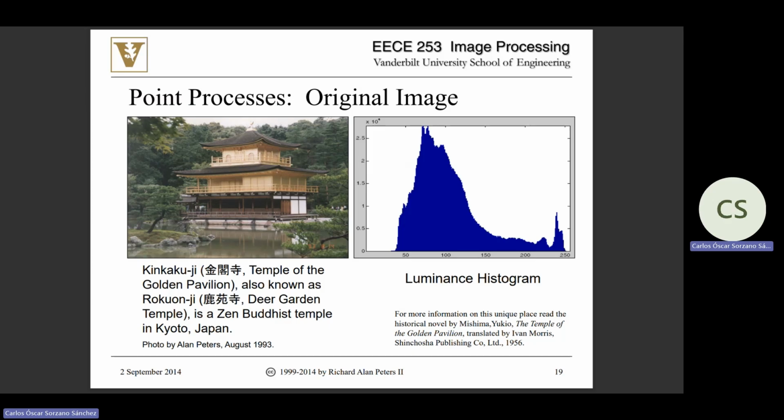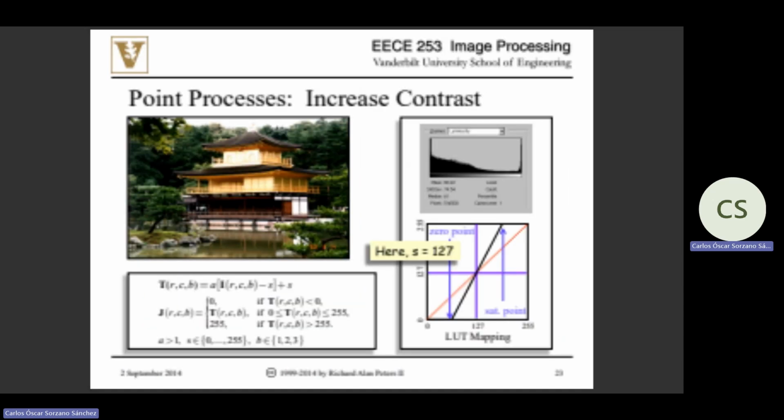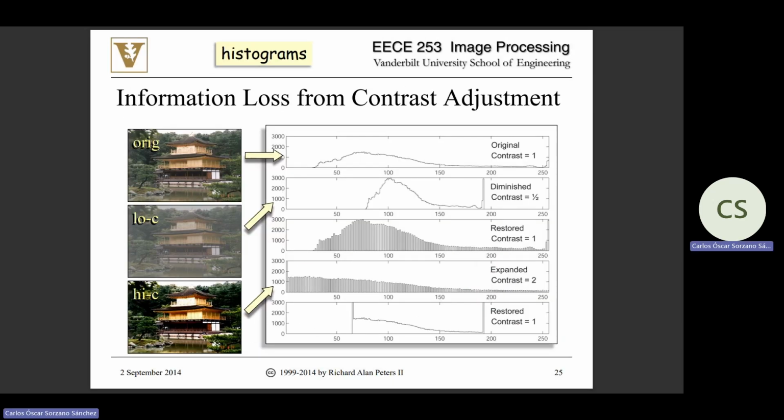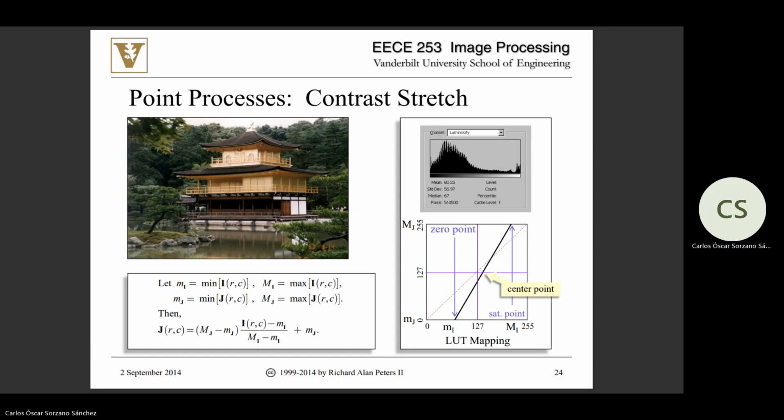So that somehow is not taking advantage of having all this dynamic range. You were given 256 bins to put your pixels, and you're not using all of them. So why don't we use all of them? Why don't we stretch this histogram so that it really goes from 0 to 255? So this is what is done here.